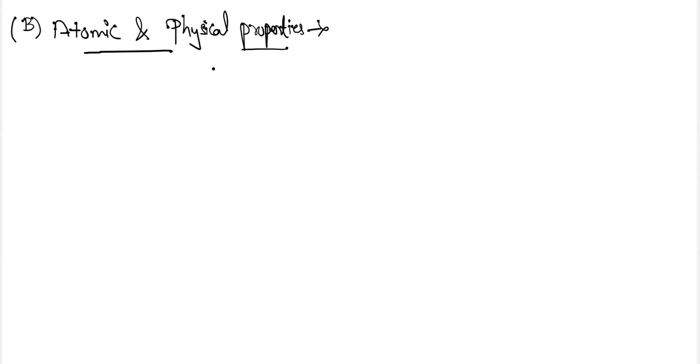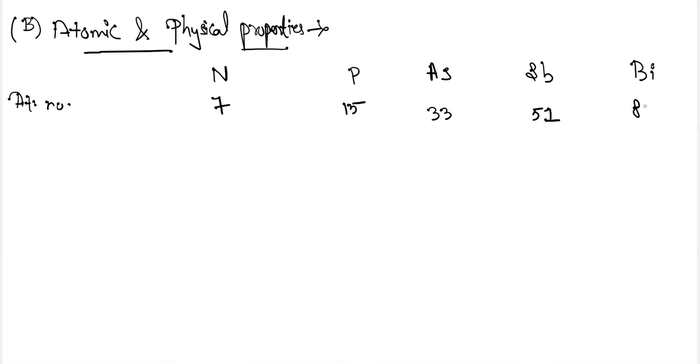We can make a table here: nitrogen, phosphorus, arsenic, antimony, bismuth. The first thing I am going to write is the atomic number. So here the atomic number is 7, 15, 33, 51, 83.